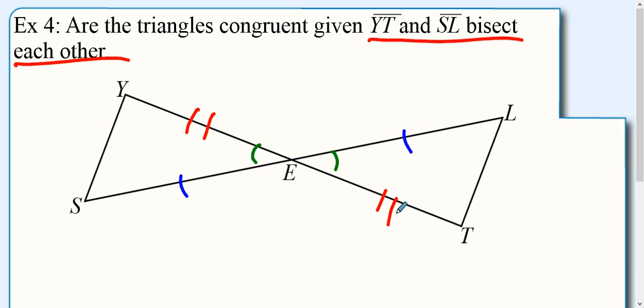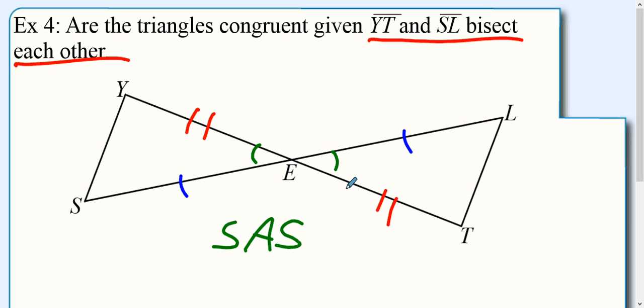So we had two sides of this triangle congruent to two sides of the other triangle. And the angle in between is congruent. That is side angle side. That's what side angle side means. We have two sides and the angle in between.